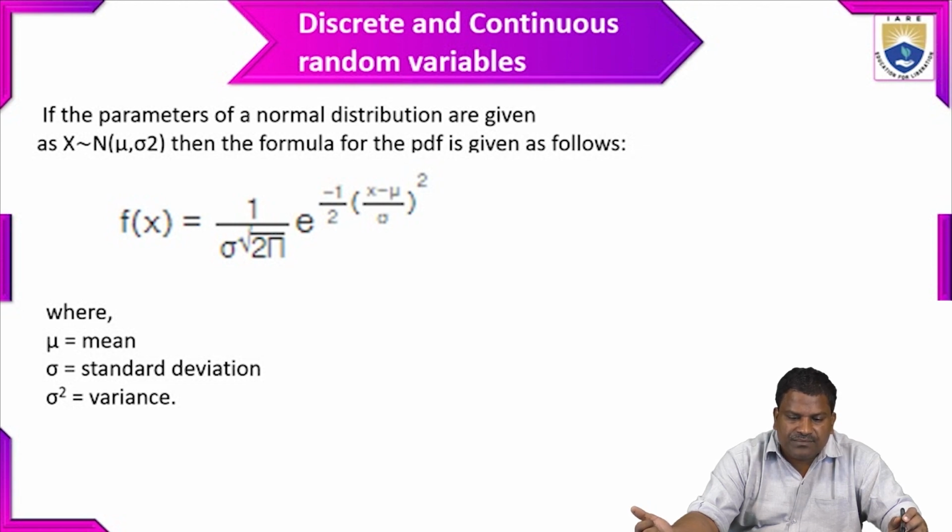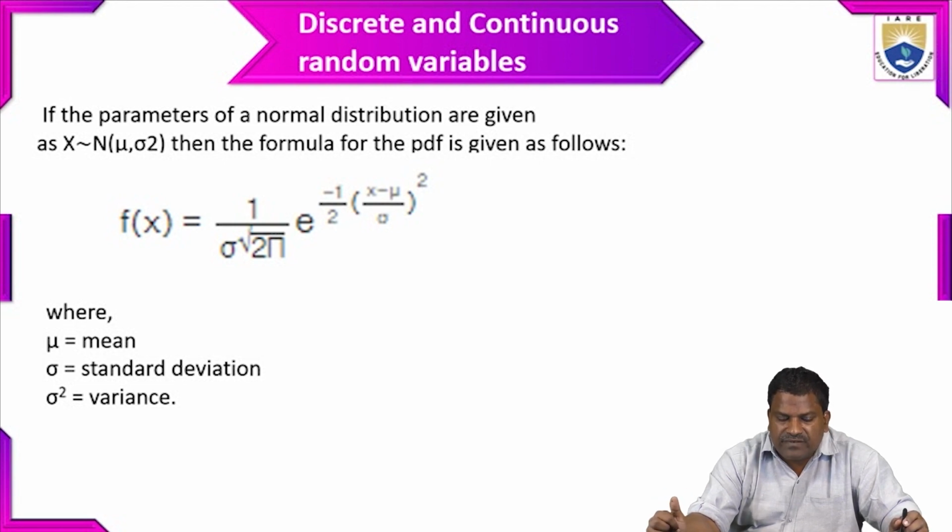Then the formula for the probability distribution function is given as f of x is equal to 1 by sigma into square root of 2 pi into e to the power minus 1 by 2 into x minus mu by sigma whole square.